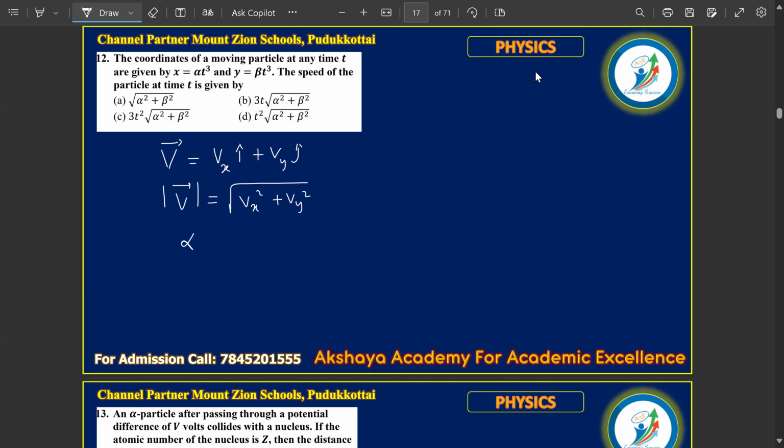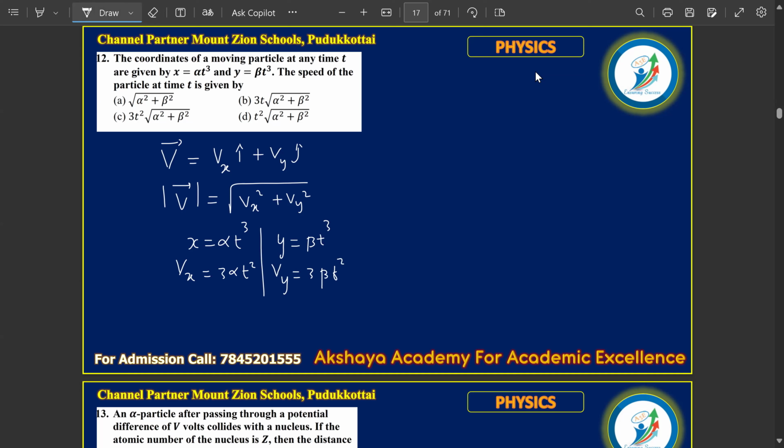We are given x is equal to alpha t power 3. From there, we can find Vx is nothing but 3 alpha t square. Similarly, we are given y is equal to beta t power 3. From there, we get Vy is equal to 3 beta t square.